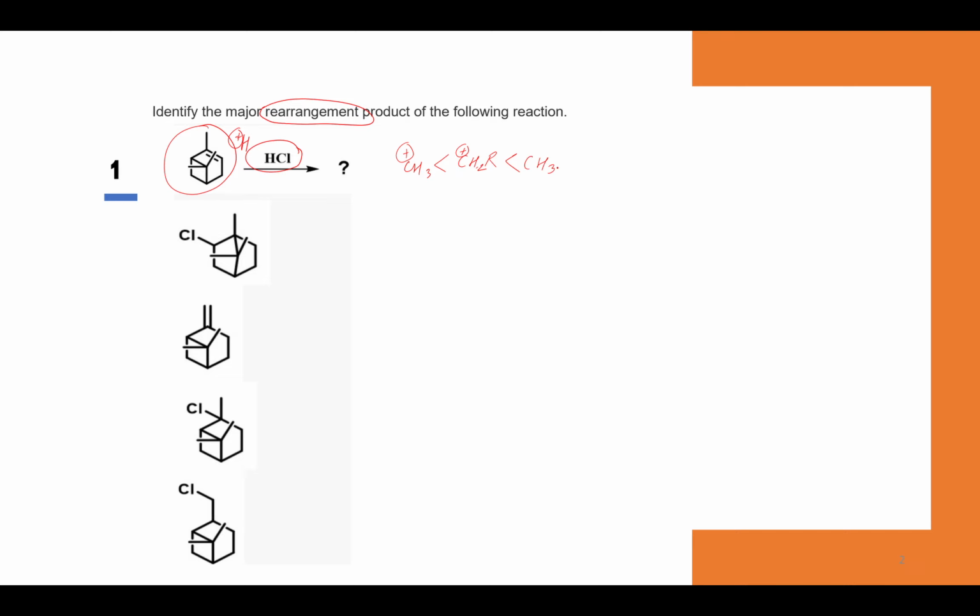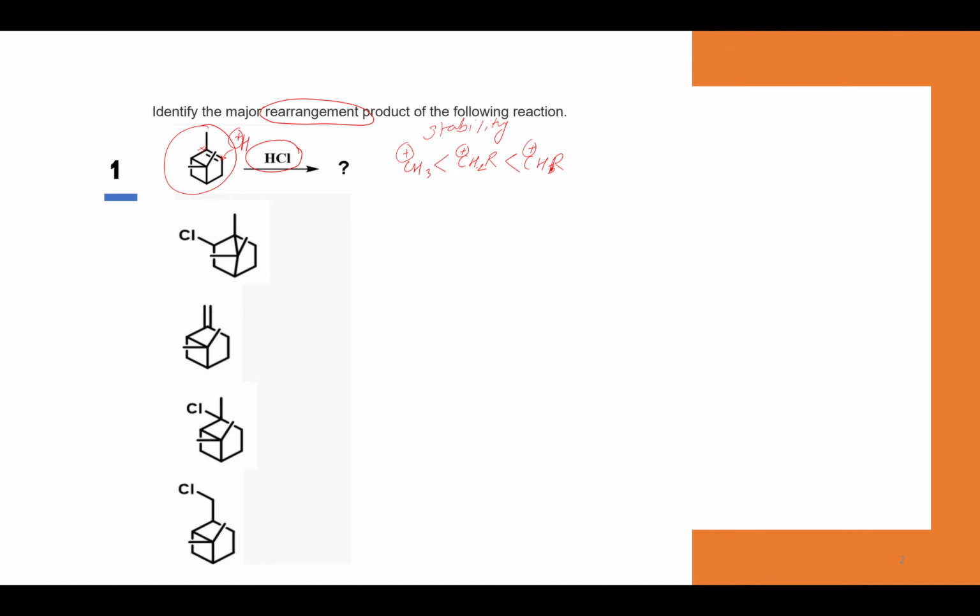So this is the trend of carbocation stability. Primary carbocations are the least stable, right? Here, in these two double bonds, if protonation happens here, then the carbocation will be generated at this center.